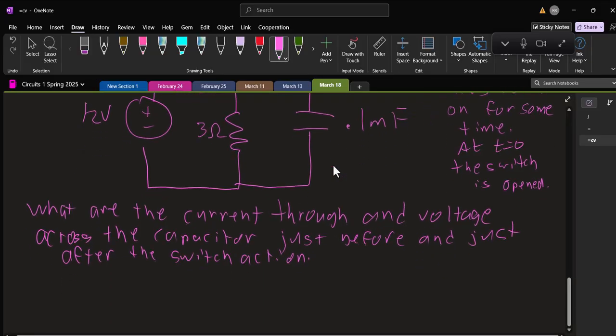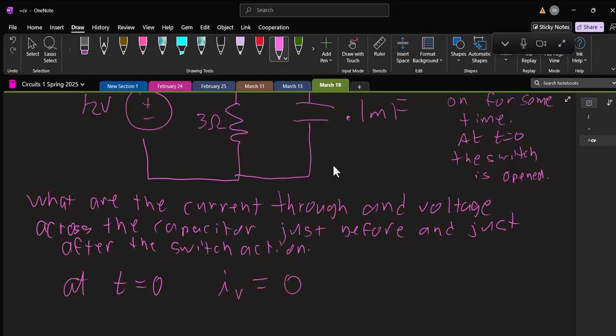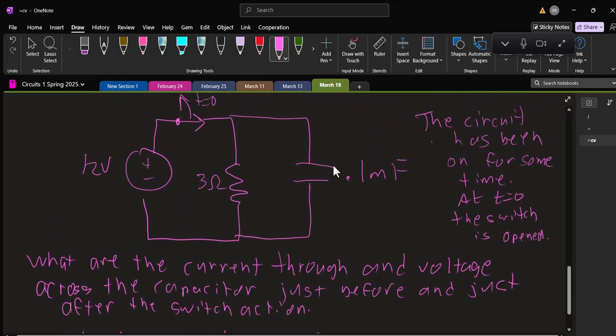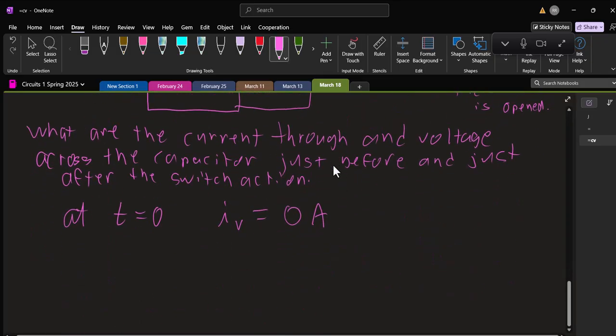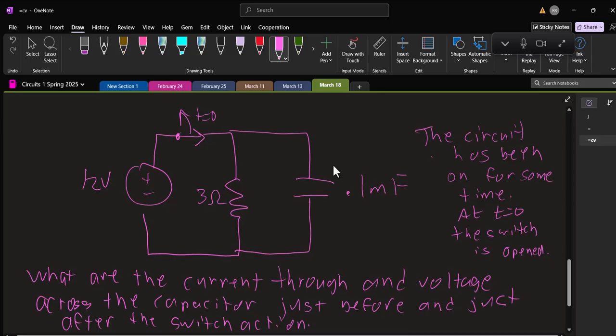No. So at t equals 0, not 0 voltage, 0 current. So at t equals 0, the current IC equals 0 amps. There's no current flowing through it.